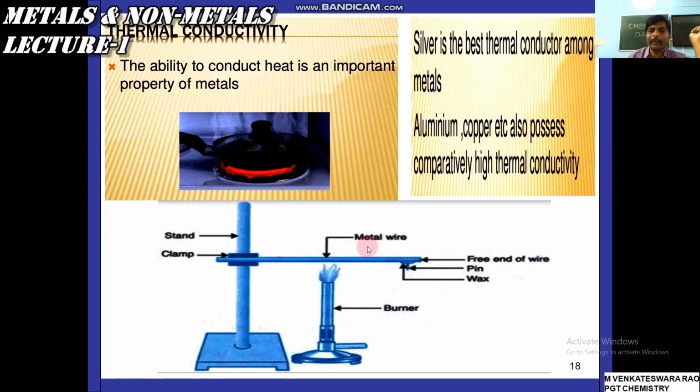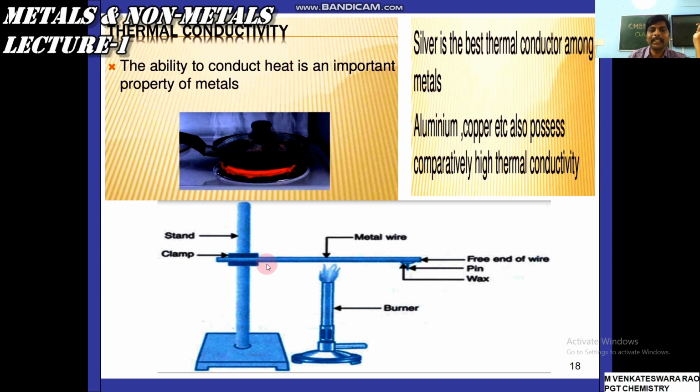So this is one activity. Here, on a metal wire, one pin is fixed with wax. You keep a burner and start heating the middle of this metal wire. After some time you can find the pin falls down, because the heat energy is transferred from the middle to this end.